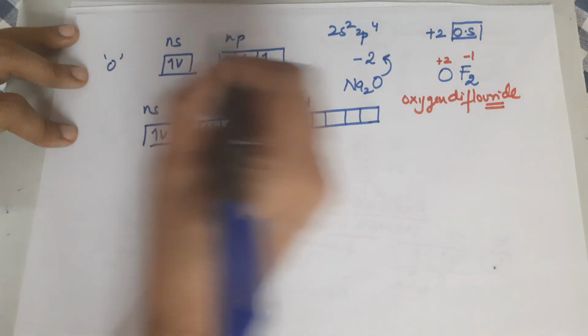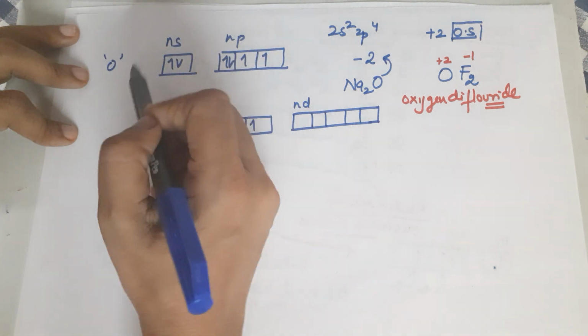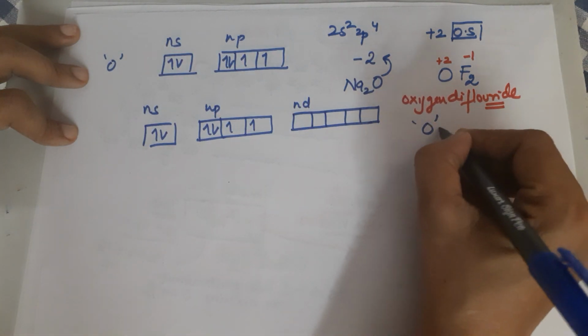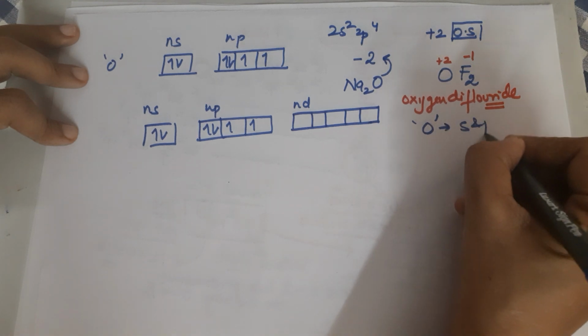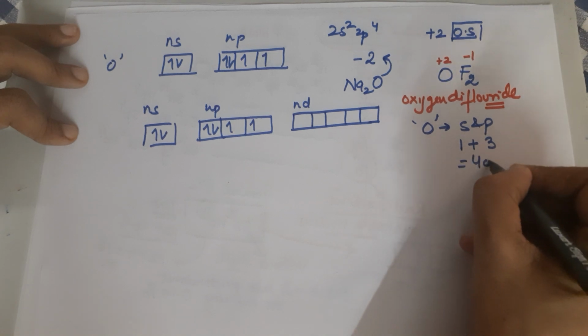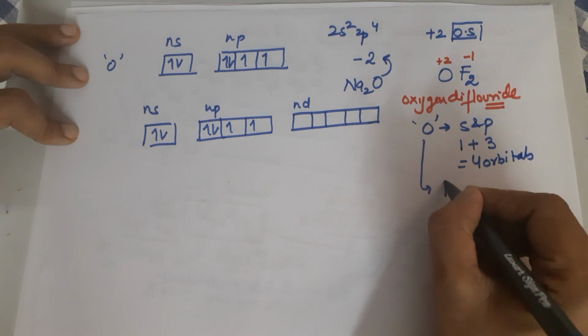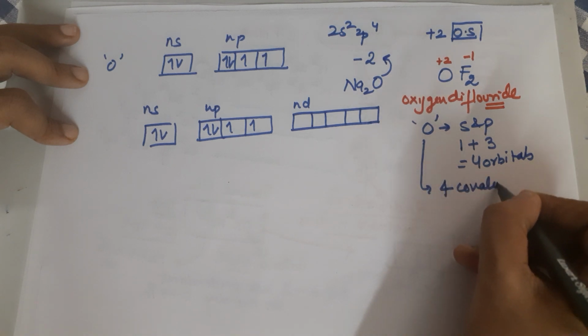Whereas oxygen only has an s and a p subshell, which means 1 orbital and 3 orbitals, so a total of 4 orbitals. Hence it can only form 4 covalent bonds.